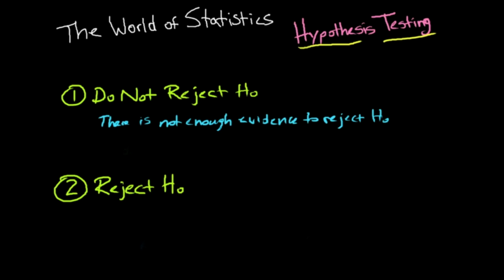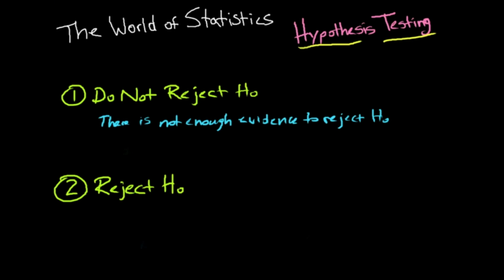So that means that there's not enough evidence to reject H null, but we do not accept it, right? We're not actually saying we're accepting the H0 or the null. What's happening here is we're not rejecting it. There's not enough evidence in our test to prove it wrong. That's simply what we're saying here. So that's the first instance of the conclusions we work with.